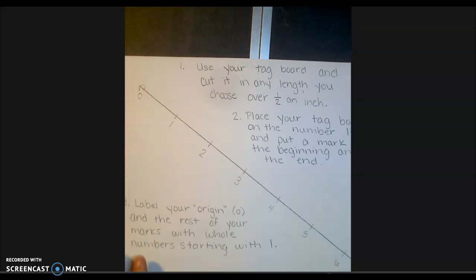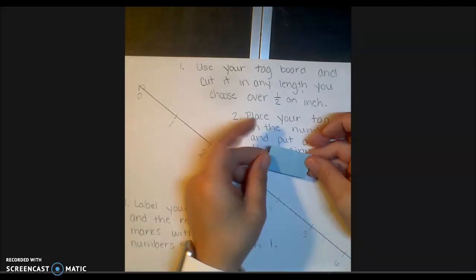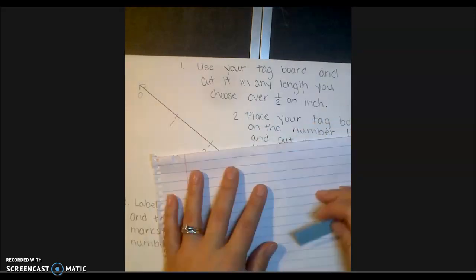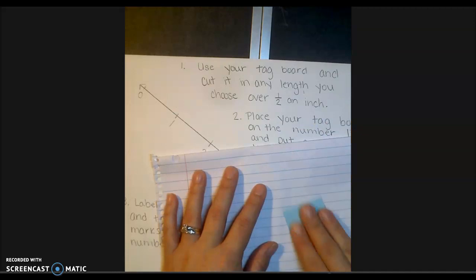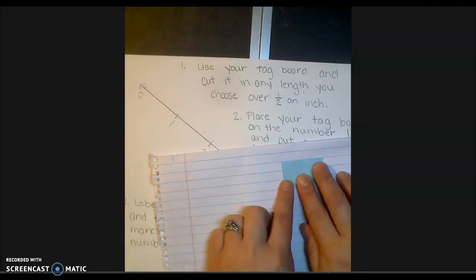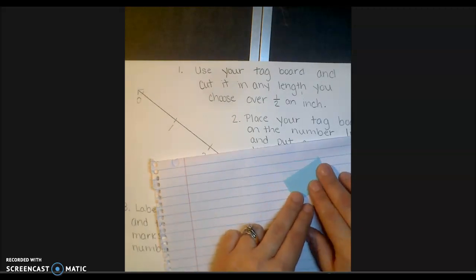The next thing we're going to do is take our little tag board, the one we used to make our hash marks, and we are going to split this into a fraction. So I'm going to lay it on a lined piece of paper, and if I want my fraction to be 1/2, I'm going to tilt it so that it's touching 2 lines.